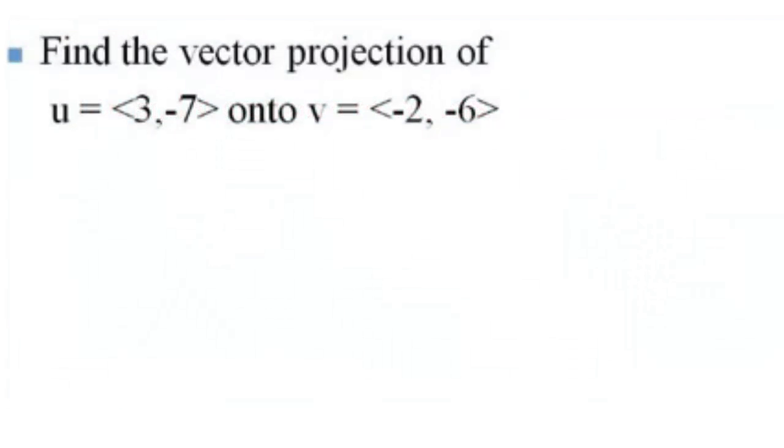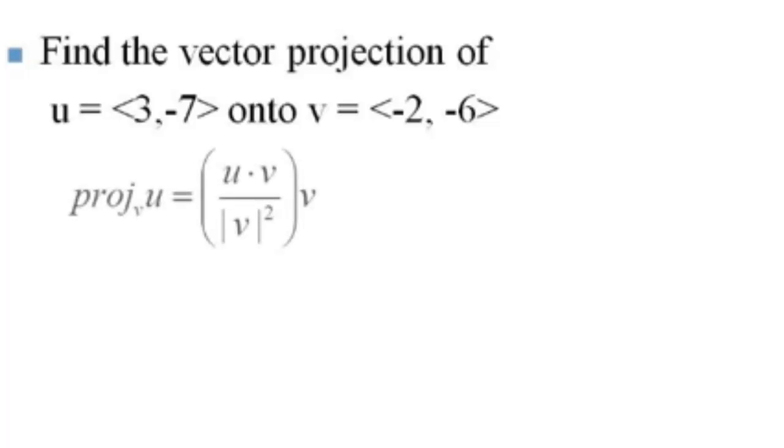And now we'll apply it. We're going to find the projection of vector u, which is 3, -7, onto vector v, which is -2, -6. Looking again at the formula and plugging the numbers from the vectors into it.